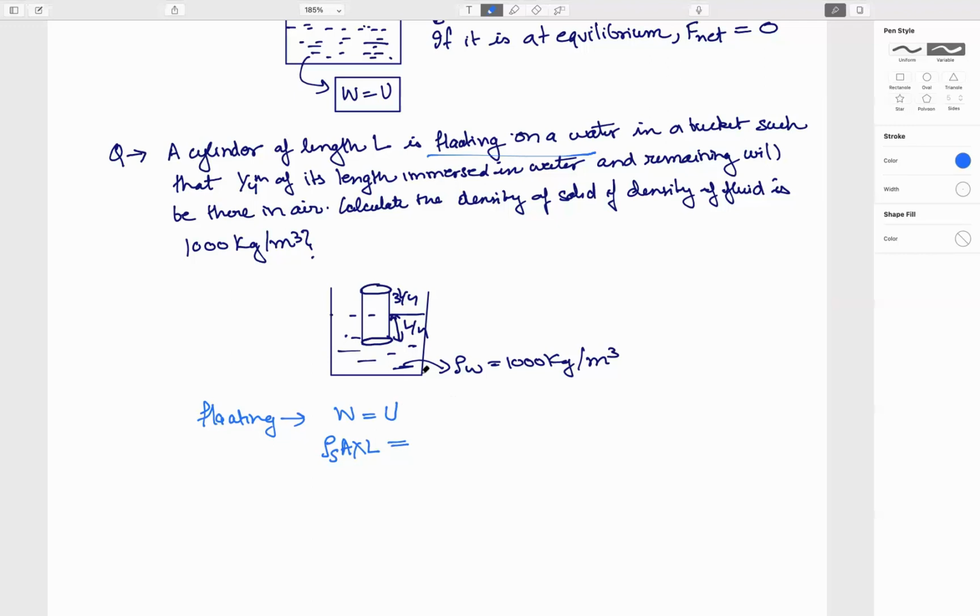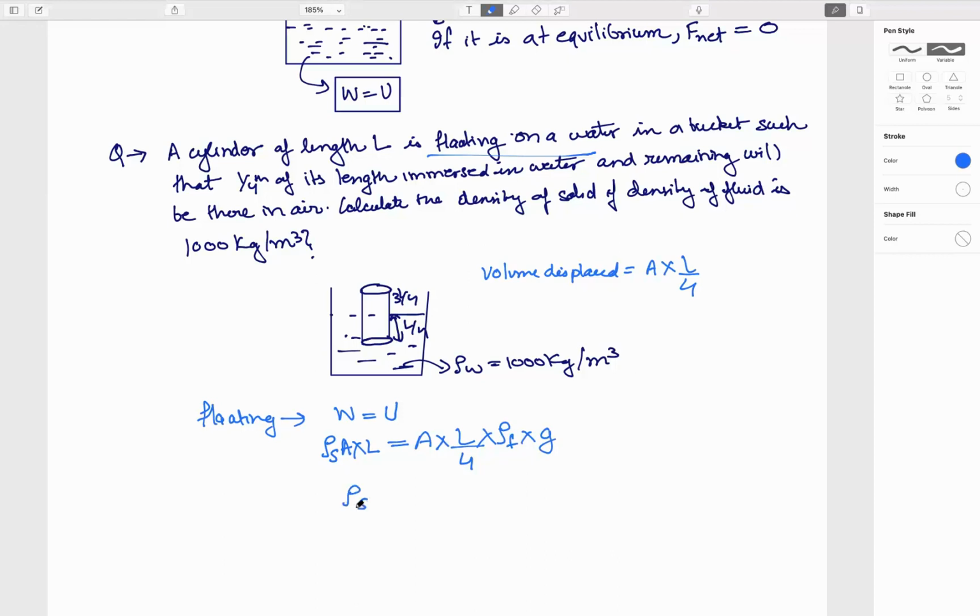According to Archimedes principle, upthrust is the weight of the water displaced due to the immersion. As it is immersed in the water, L by 4 of the length into area is the volume displaced from this container. So that is A into L by 4 into density of fluid into g.